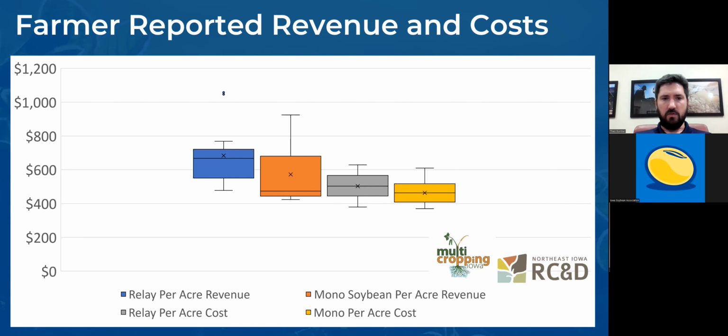So while the average, both the average and the median of the farmers surveyed where they've had these two compared, we're showing an advantage to yield. Obviously, there's some wide ranges there, so take it with a grain of salt, and your experience may differ.